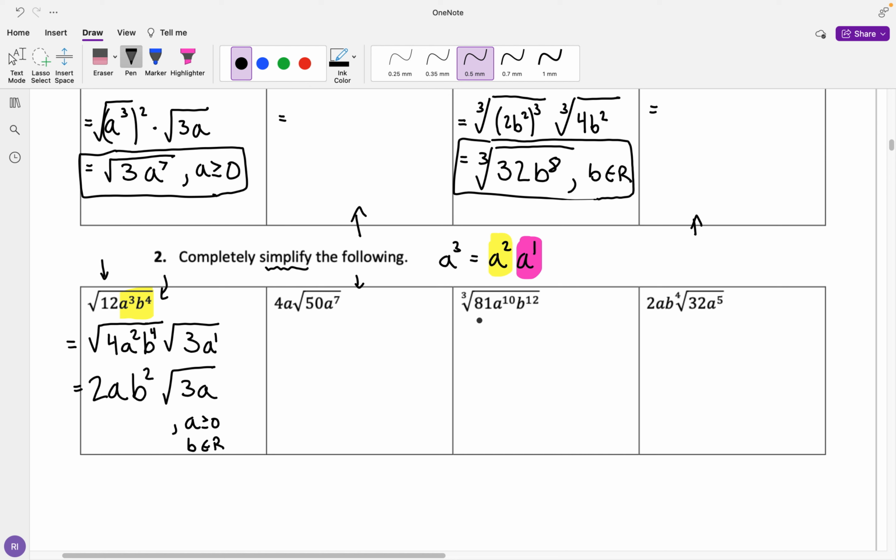But let's look at root index of 3, just as a reminder and a refresher on how that works. You're looking for perfect cube roots, or factors that are perfect cubes. So 81, I believe, can be divided by, well, 27 probably.